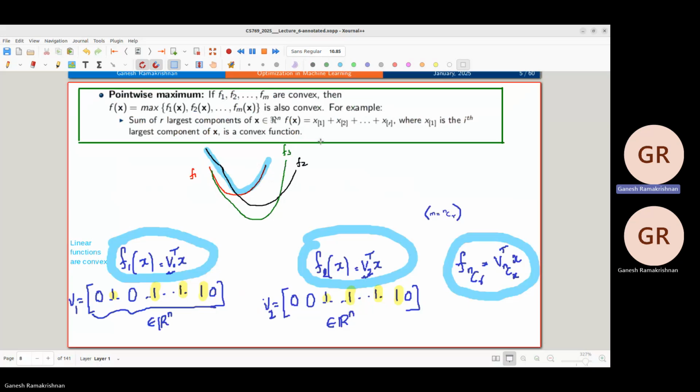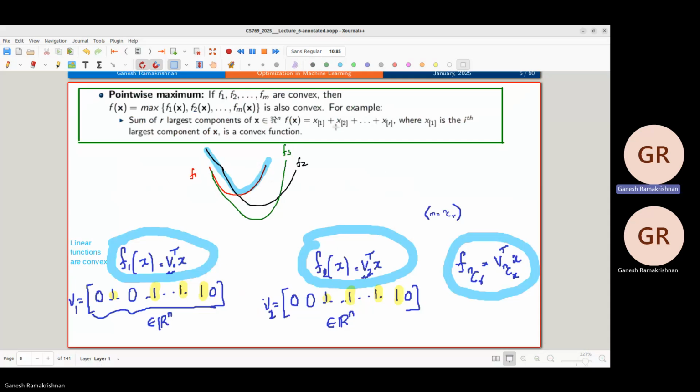That was an envelope from the bottom; this is an envelope from the top. I've shown an example here. Let's say I take a vector x and I take the r largest components of x and sum them up. The sum of r largest components can be represented as a pointwise max of multiple convex functions.